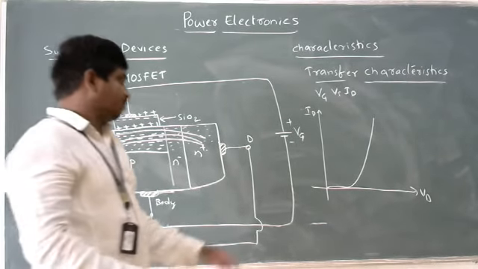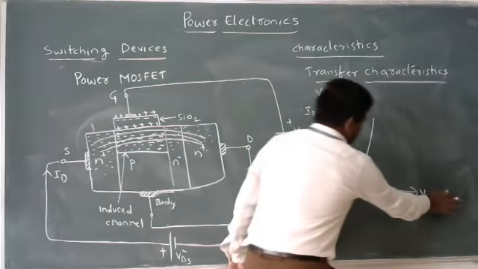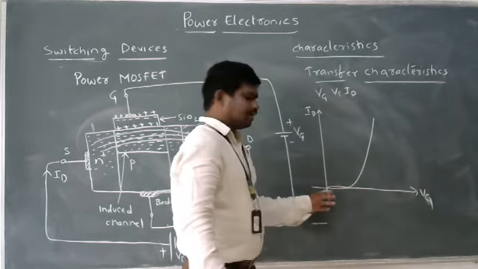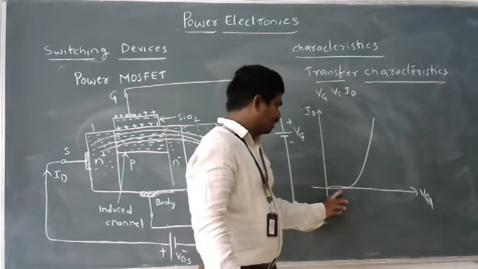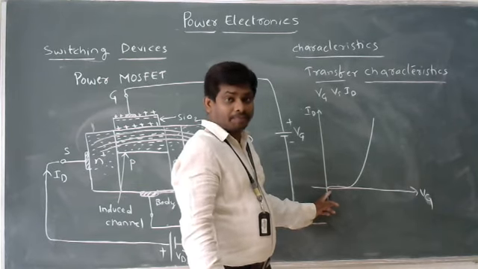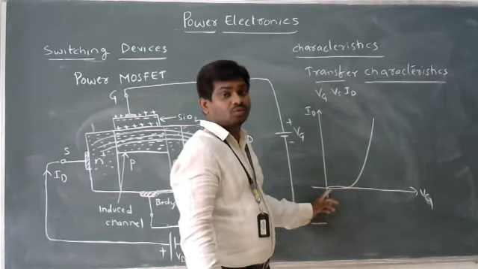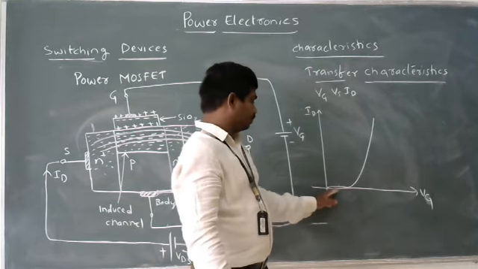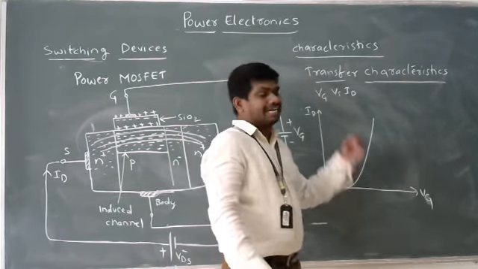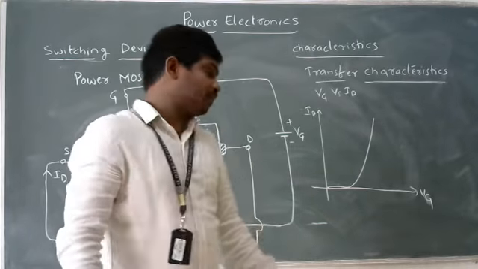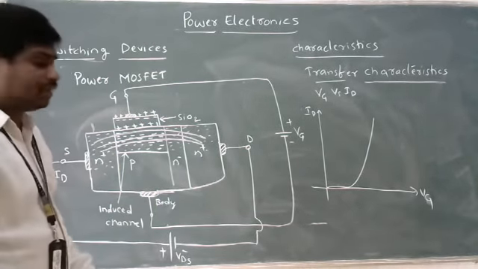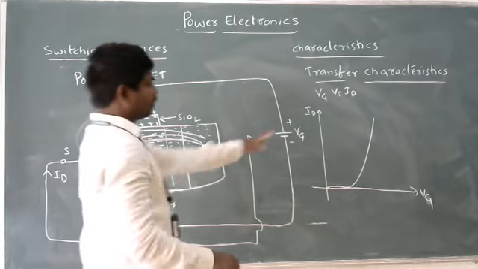That's why even though we apply some gate voltage, it doesn't create the exact path to flow the current from source to drain. It takes this much voltage drop to create the path inside the P material. After that, it allows the current to flow. So these are the transfer characteristics.